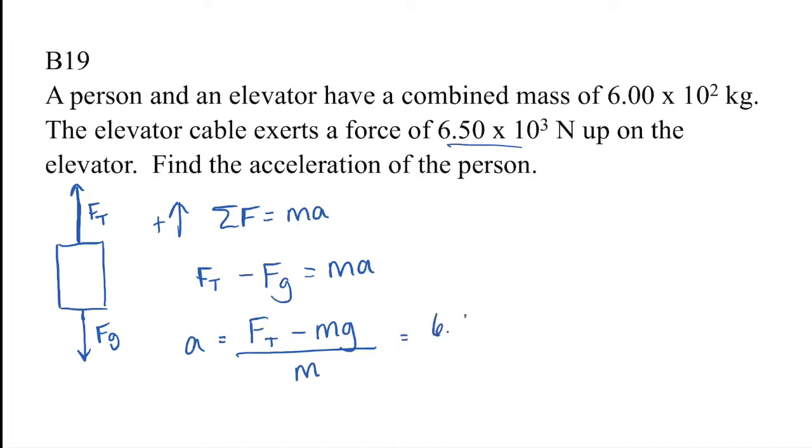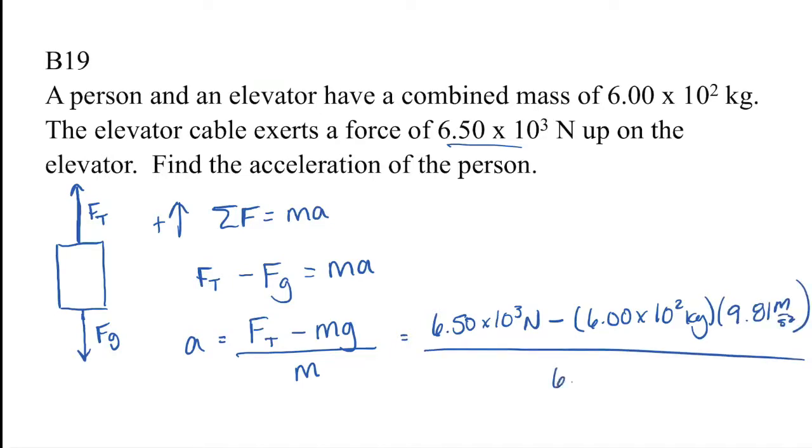Let's do that. The force of tension was 6.50 times 10 to the 3 newtons, and the mass is 6.00 times 10 to the 2 kilograms, times g, which is 9.81 meters per second squared. Divide that by the mass.